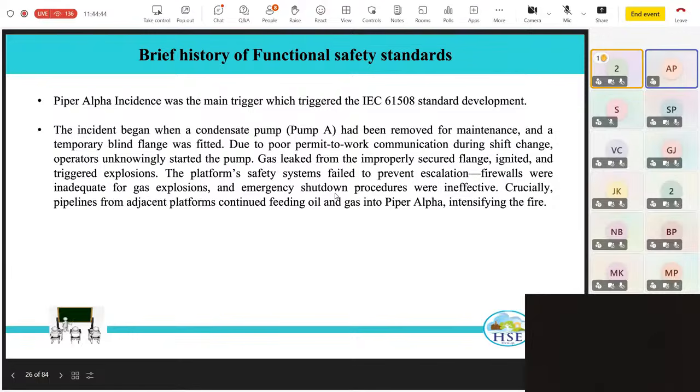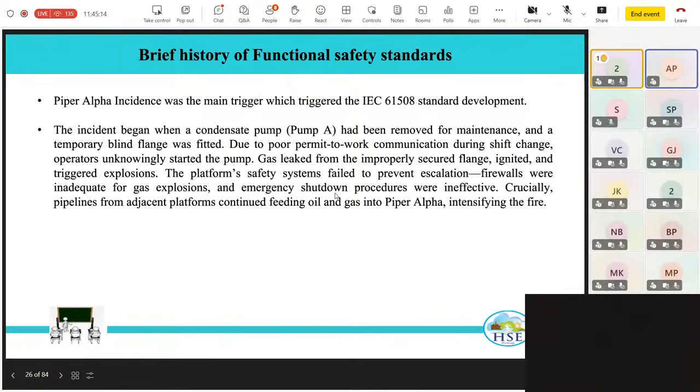Poor work permit and communication during the shift change hampered the actual transfer of knowledge that pump A was under maintenance. So unknowingly, in the next shift, the operator started pump A, because pump B started giving some problem.